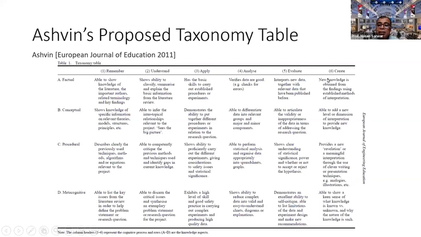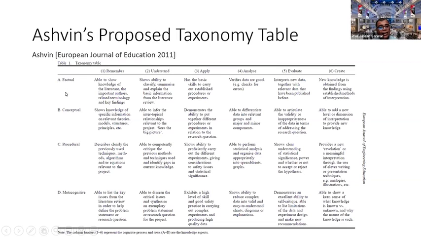So if new knowledge is obtained here, that means he has achieved the highest outcome on this knowledge dimension.